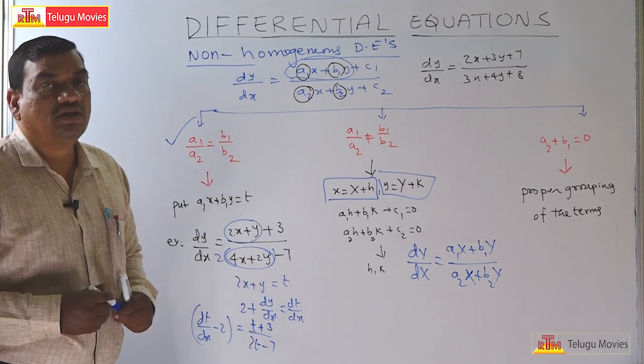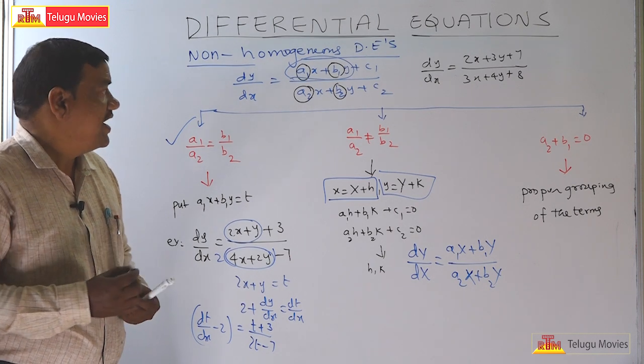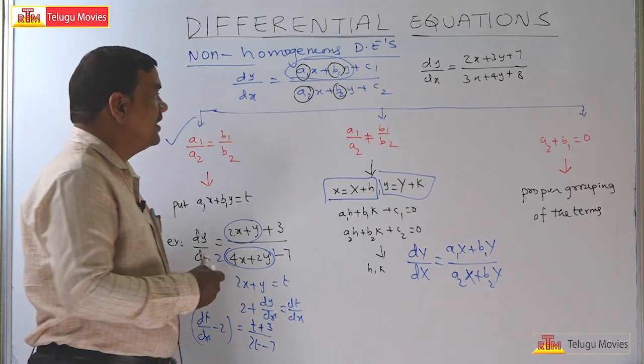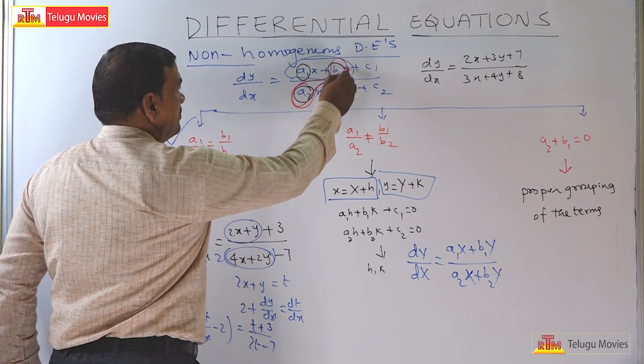Coming to the third one, that is a2 plus b1. Where is a2, where is b1? See here, this is a2, this is b1.